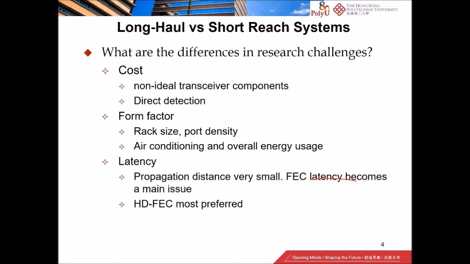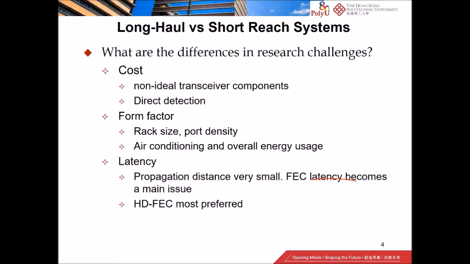Also, a lot of data might need to go through multiple sets of transceivers before it goes out from a data center. So in that case, if you directly borrow some of the powerful soft decision FEC from long haul and put it in short reach, the latency that you'll be experiencing will not be quite acceptable.